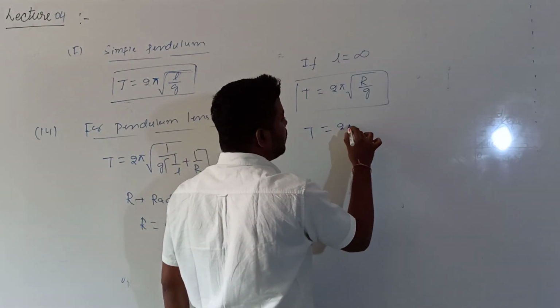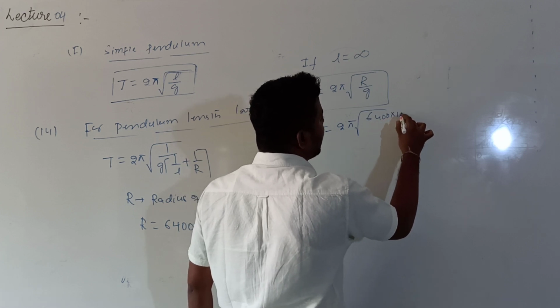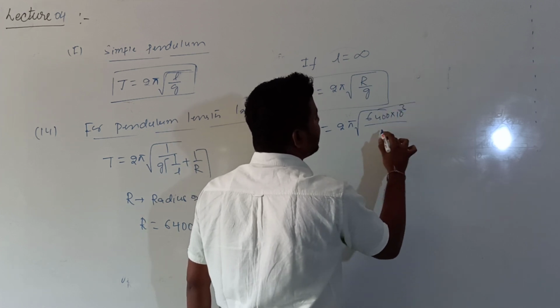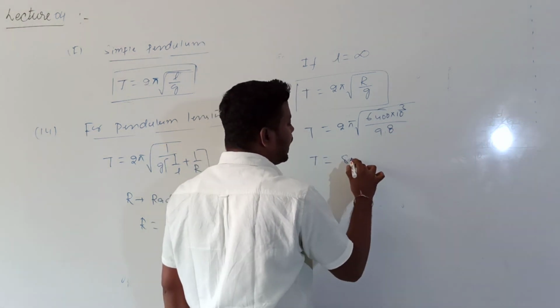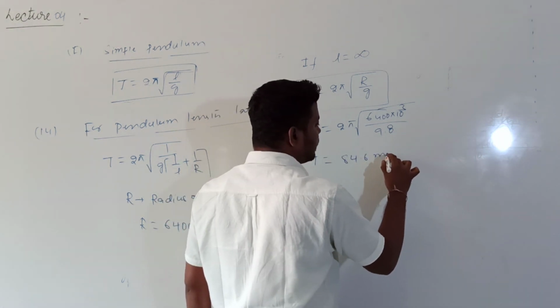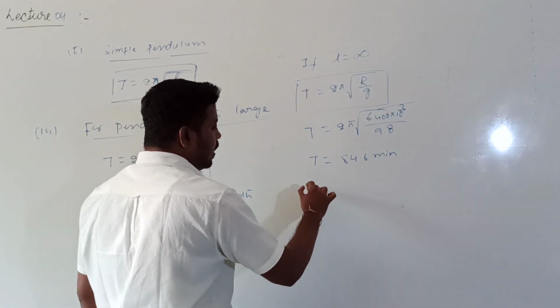Substituting the values, 2 pi into root over 6400 into 10 to the power of 3 divided by 9.8, we get T as nearly 84.6 minutes. How much? 84.6 minutes.